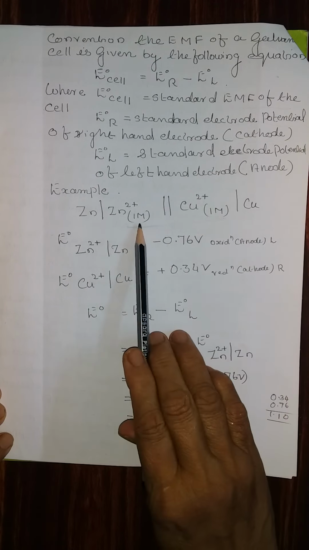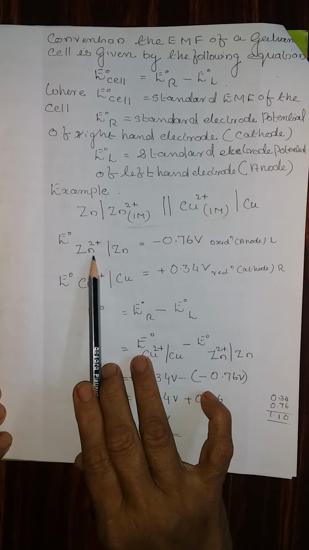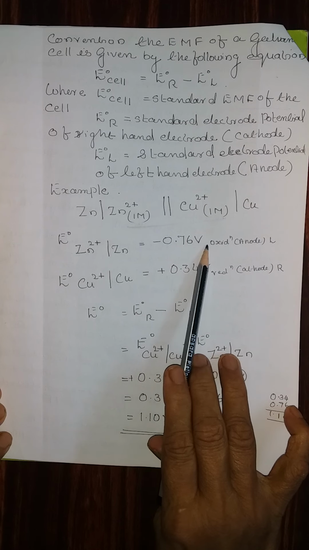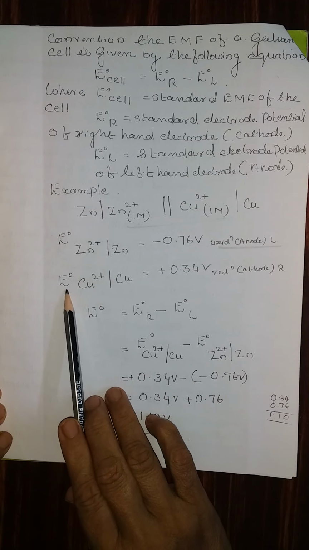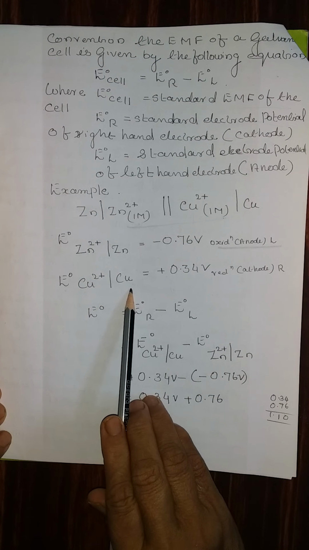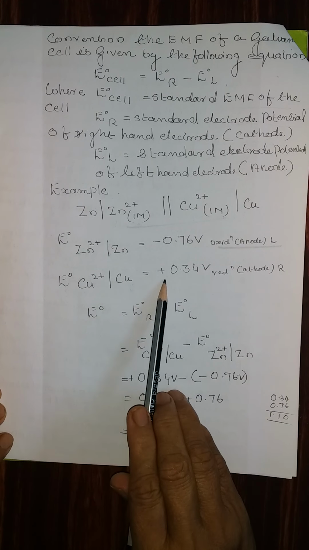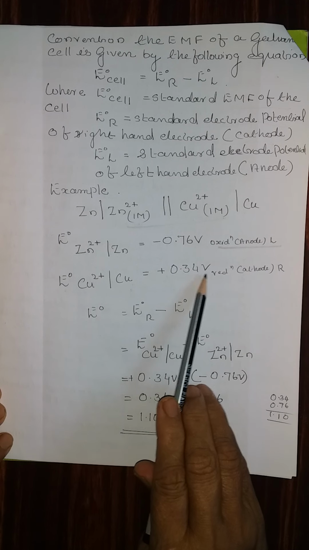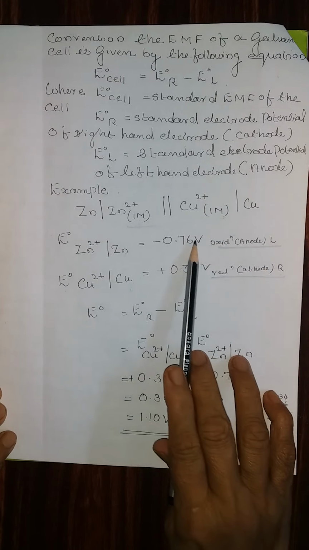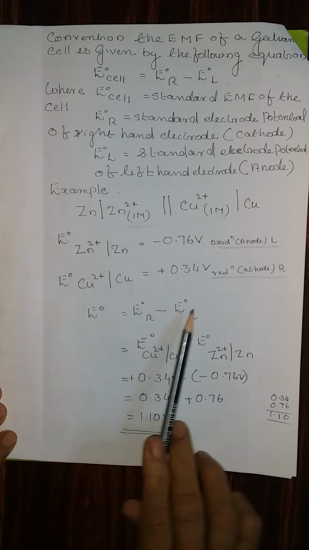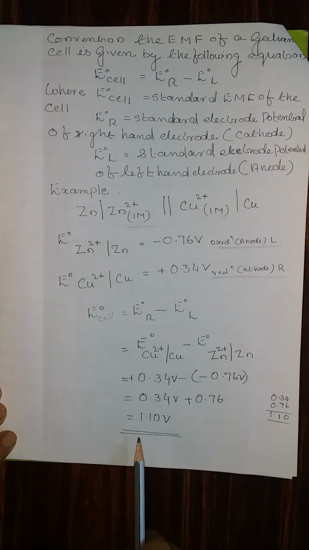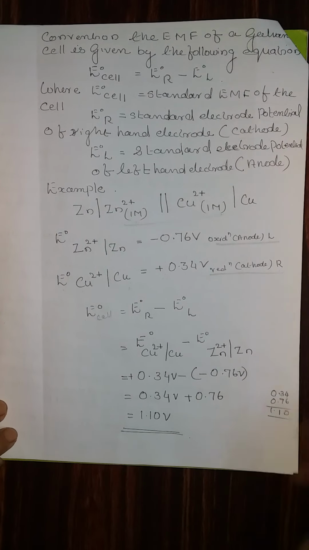The standard electrode potential of the zinc half cell is minus 0.76 volt, that is oxidation, the anode. The standard reduction potential of the copper electrode assembly is plus 0.34 volt, that is reduction, which is at the cathode. That is right, the other one is left. On calculating, you will get E0 of the cell equal to 1.10 volt.